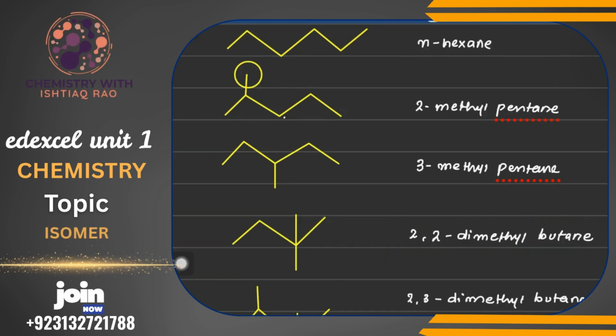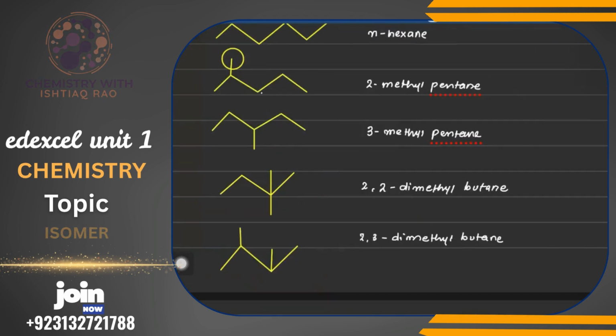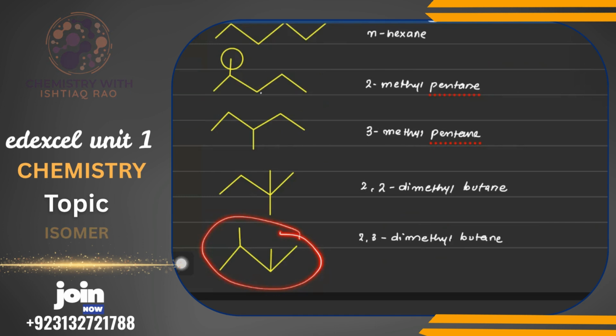And this is the other possibility: 1, 2, 3, 4, again a chain of 4 carbon atoms, with 2 branches but at different positions.